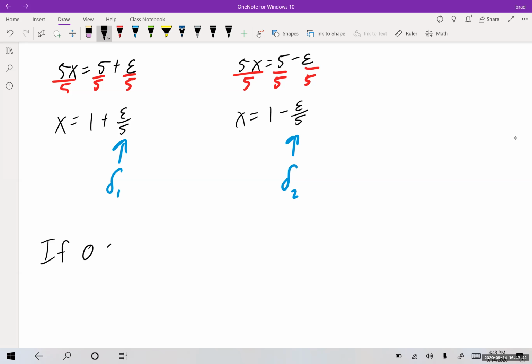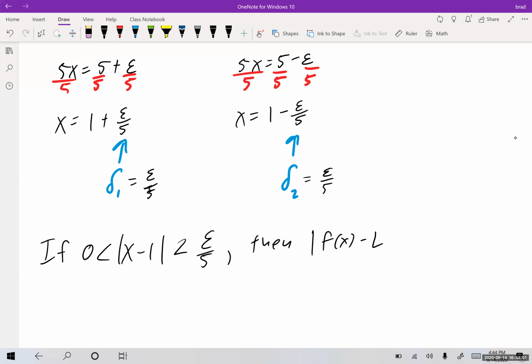If 0 is less than the absolute value of x minus 1 is less than epsilon over 5, then I can get you the absolute value of f of x minus 4 is less than epsilon, okay?